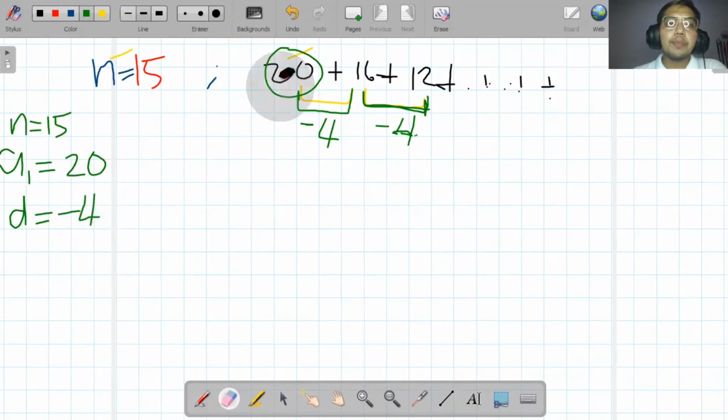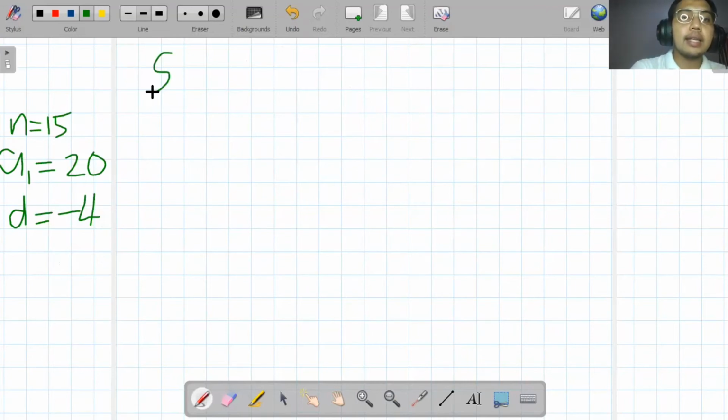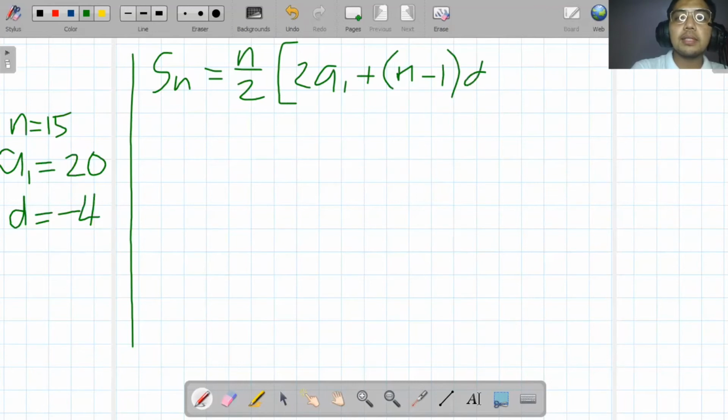So therefore, this can be solved. Let's go to the formula. The formula is longer: S sub n equals n over 2 times, you have 2 times a sub 1 plus n minus 1 times d.